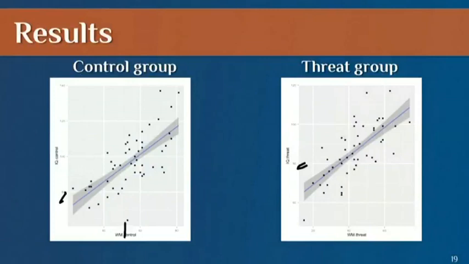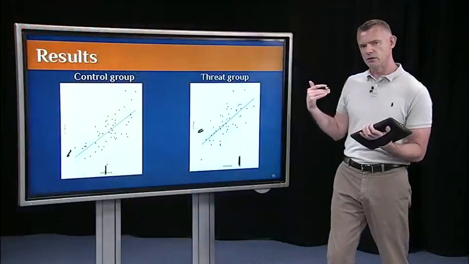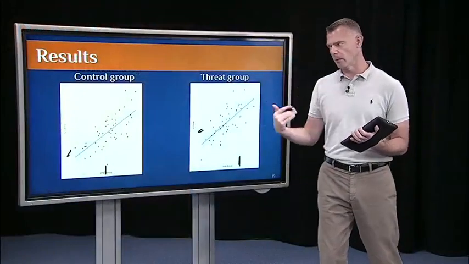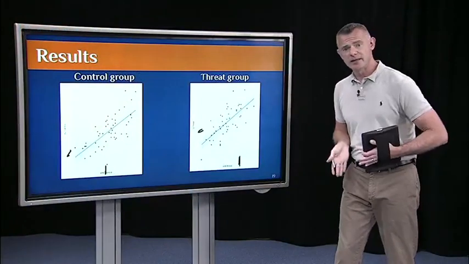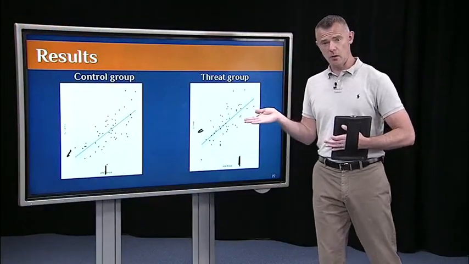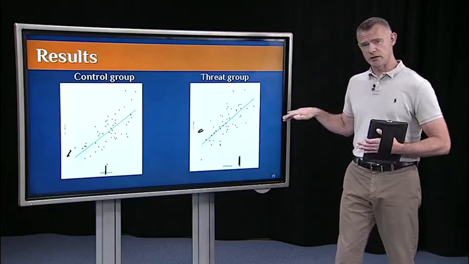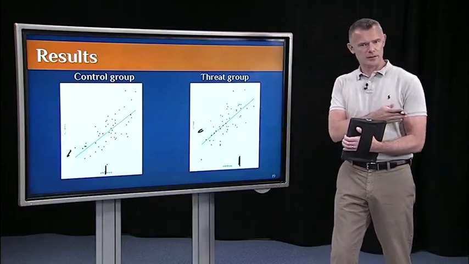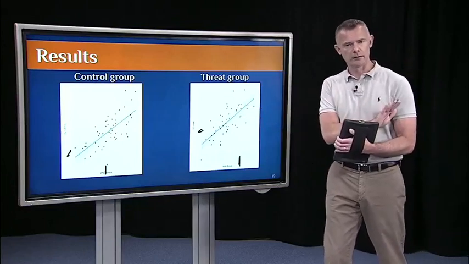I think it was 54. That's right there. Where's 54 on here? That's like up here. So the threat group is doing worse on both working memory and IQ, yet the relationship between the two of them holds. That doesn't change. So again, that's a difference from moderation analysis, right?